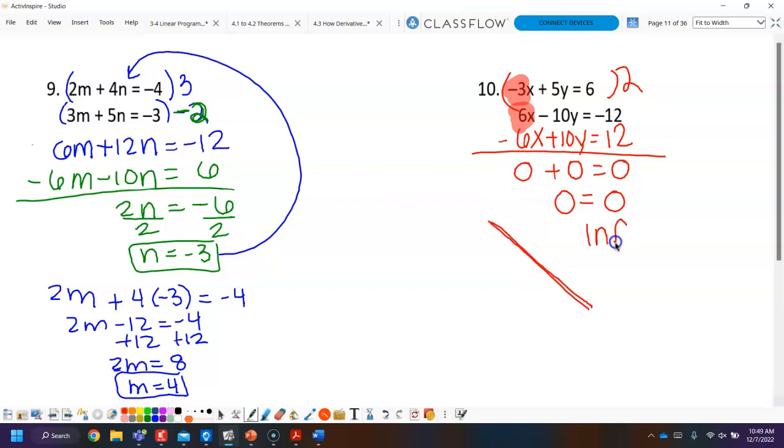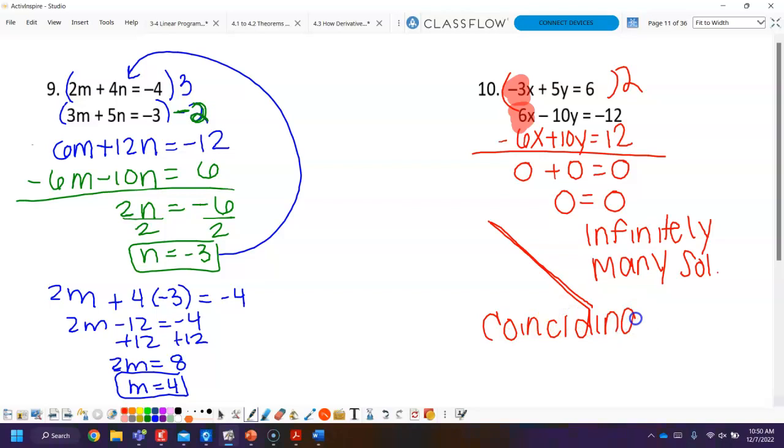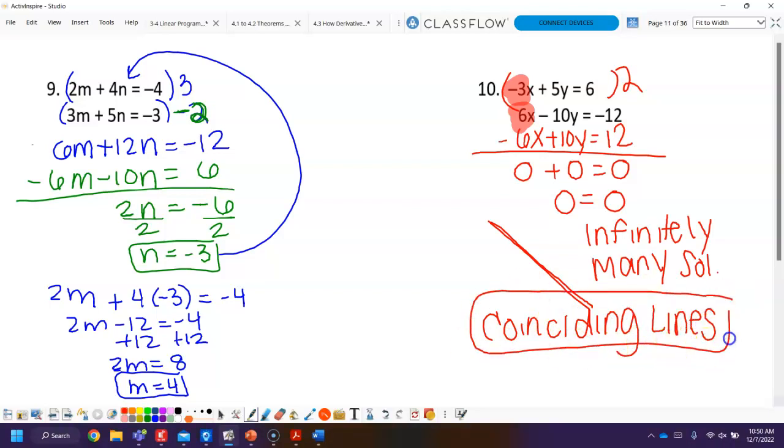So if you get 0 equals 0, that means you have infinitely many solutions because these are the same lines. What's the fancy name for the word that means the same lines? Perfect. Coinciding. So these are what we call coinciding lines.